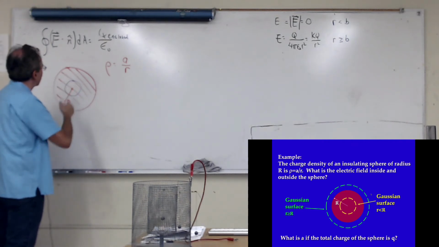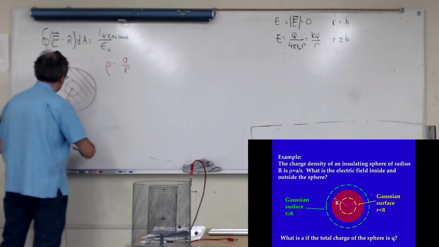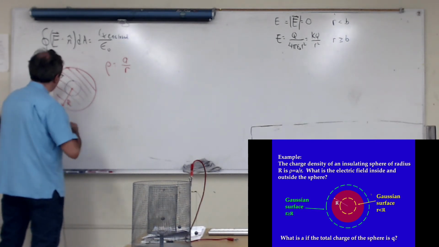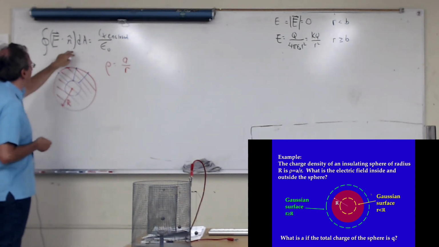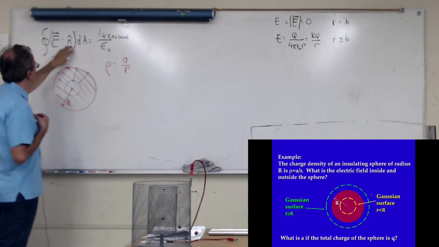And so let's apply Gauss's law. And again, the electric field on this sphere is going to look like this, and all the way around is going to be parallel to the normal. And it's going to be the same value. I can pull this out of the integral.